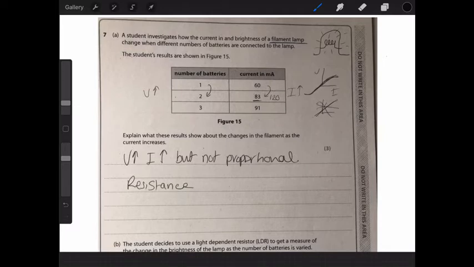So we've got our first mark: the idea that voltage is increasing, current is increasing, but they're not doing that in proportion to each other, because there is resistance, and the resistance is increasing. Because the resistance is increasing, there are more collisions between the electrons and the ions of the lattice. As they're colliding, more energy is being transferred and the wire is warming up, which is what you want if you want to emit light: you want it to get so hot that it emits visible light.